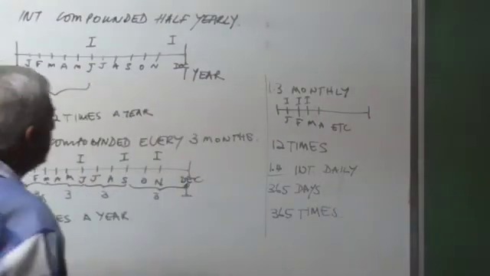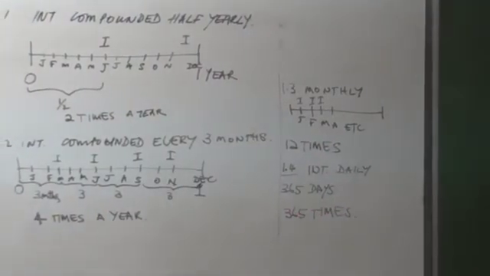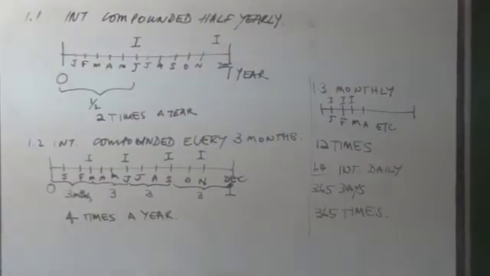So this is a very important part for you to understand, in calculation of compound interest. You must be able to calculate how many times a year. If it's monthly, it'll be 12. If it's daily, it'll be 365. Let's take the example of weekly. Suppose it's weekly.